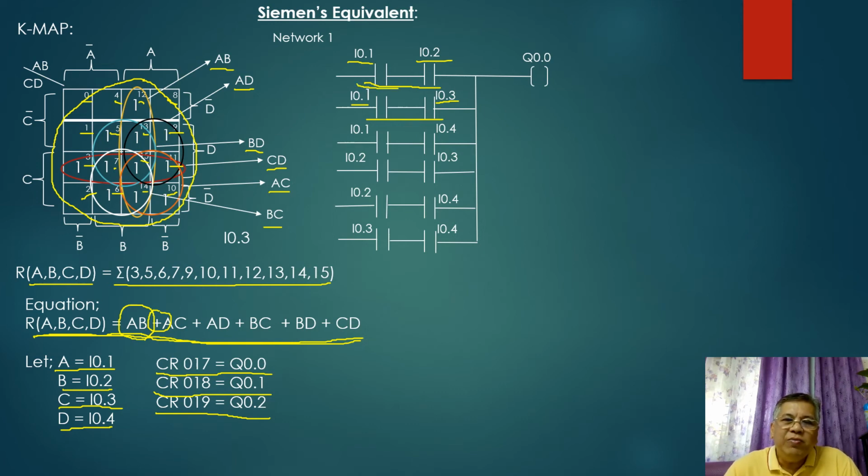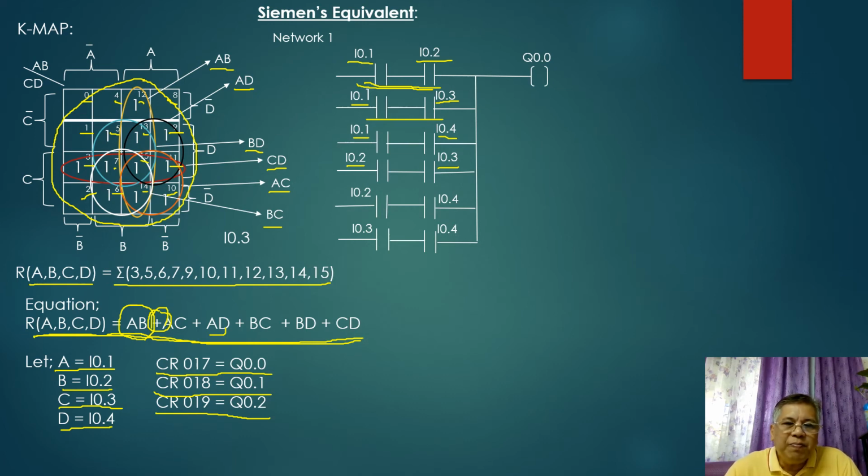Okay? So because of the OR gate symbol, so as with AD here, I0.1 and I0.4 in parallel with AC. And then you have BC, I0.2 and I0.4 added in parallel.